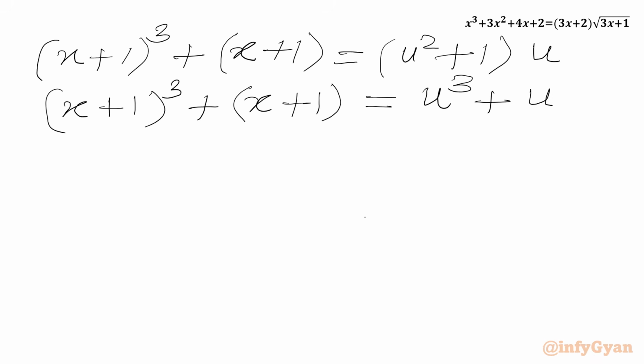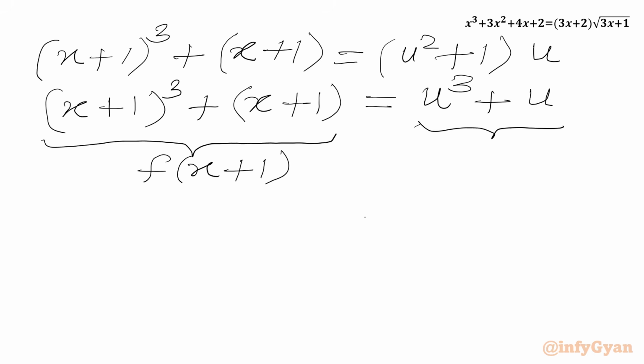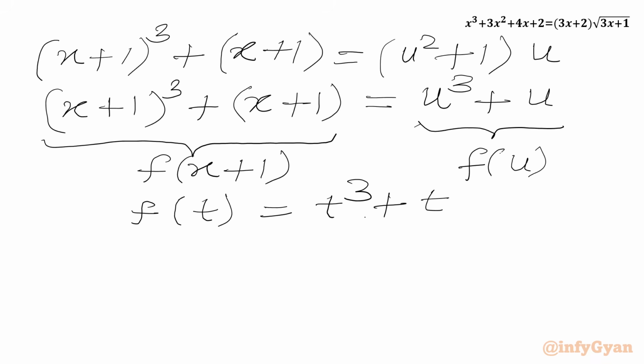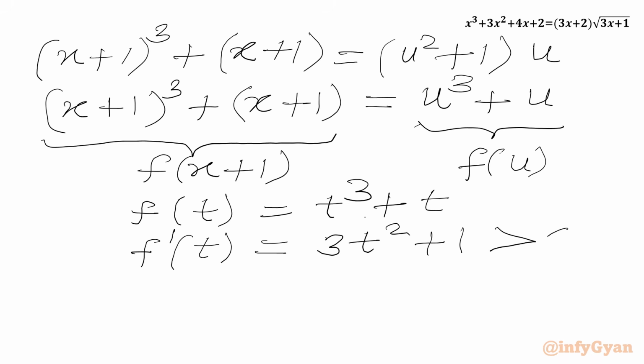Now let us say this is f of x plus 1, and on the RHS we'll write this is f of u. So if I consider one function f of t, then it is equal to t cube plus t. We take f dash t, the first derivative of f of t, which gives us 3t square plus 1, which will be greater than 0 for any t belonging to real numbers.